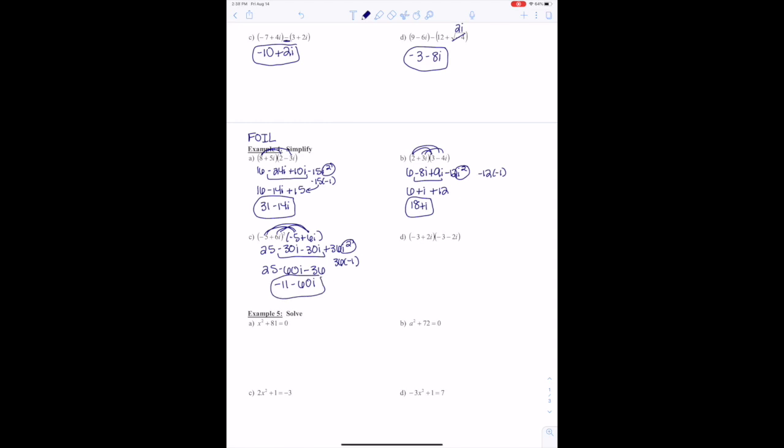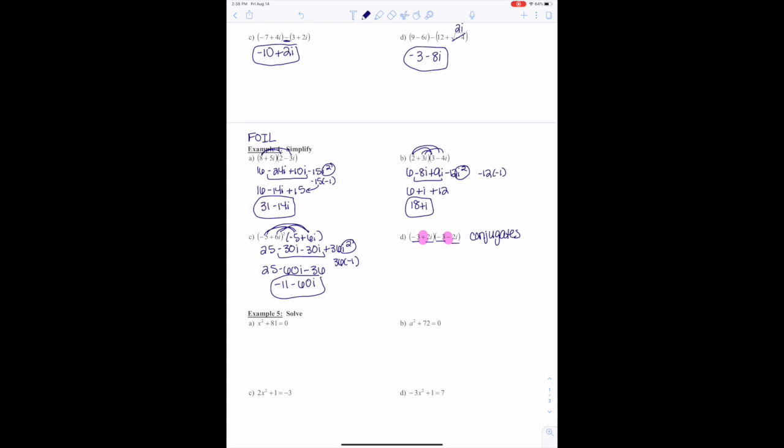All right, on D, when we multiply. Now, what's special about D, notice these are the same numbers. These are the same. But what's different is we have different signs. You've got a plus and a minus. These are called conjugates. Okay, when everything's the same except for the signs, you have conjugates, which actually means you can take a shortcut.